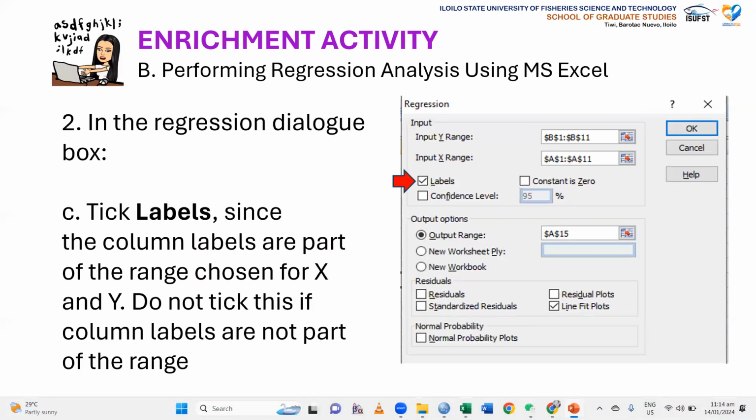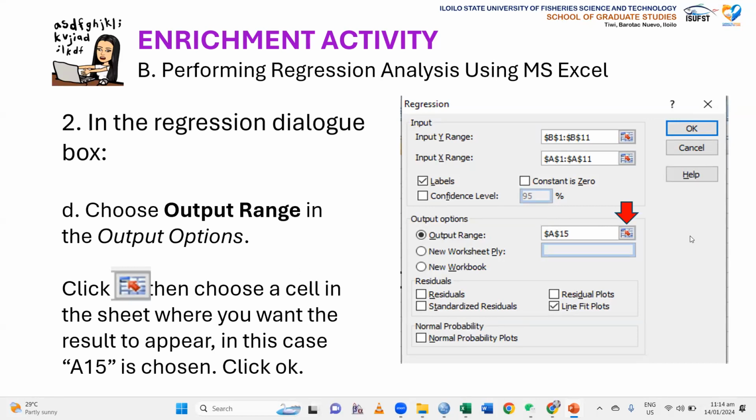And in the regression dialog, for the X range, you will also do the same thing. Y range is the dependent variable. X range is the independent variable. You tick labels since the column labels are part of the range chosen for X and Y. Do not tick this if column labels are not part of the range.